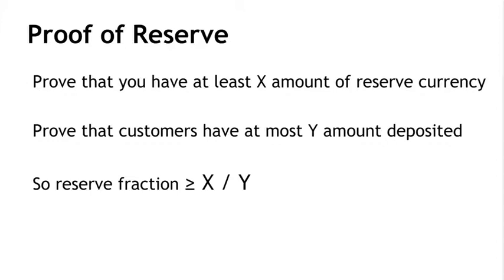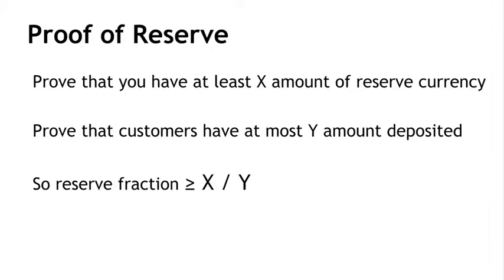Now let's review. First they've proven that they have at least X amount of reserve currency by doing a self-transaction of X amount. Then they've proven that their customers have at most an amount Y deposited. And of course they can claim that in the other direction as well.